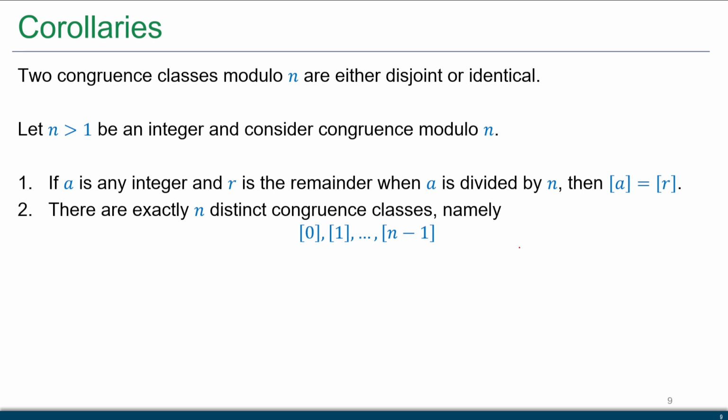Now, in terms of the number of disjoint congruence classes, let n be greater than 1. So n is an integer, and consider congruence modulo n.